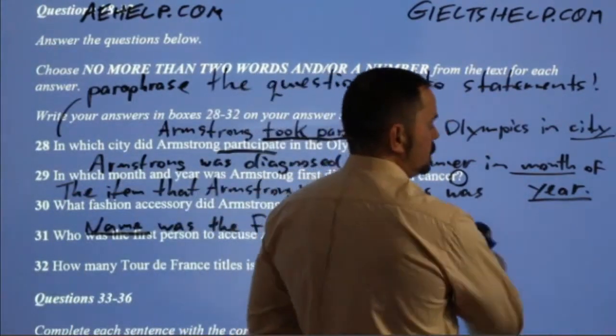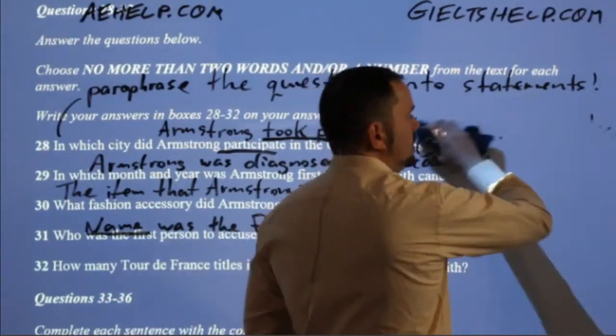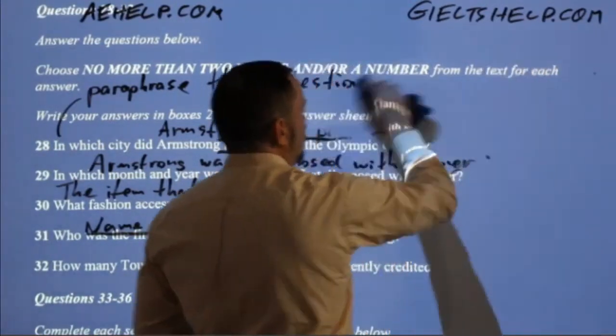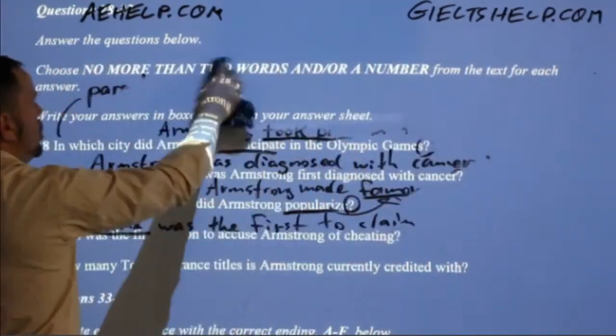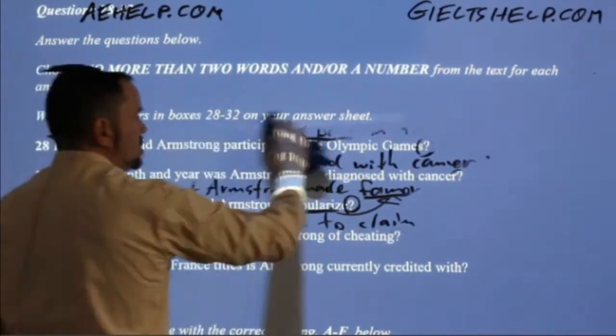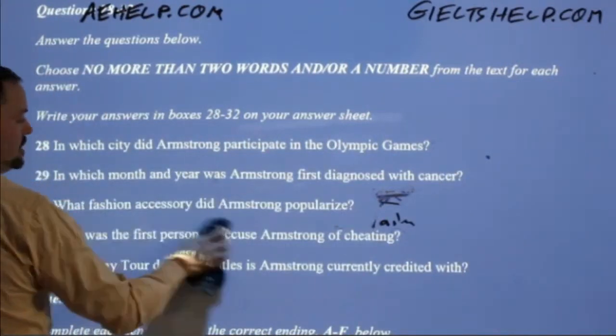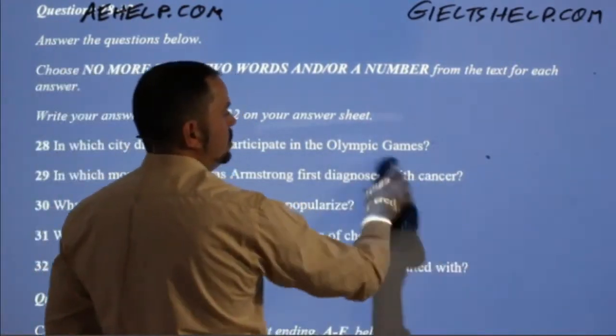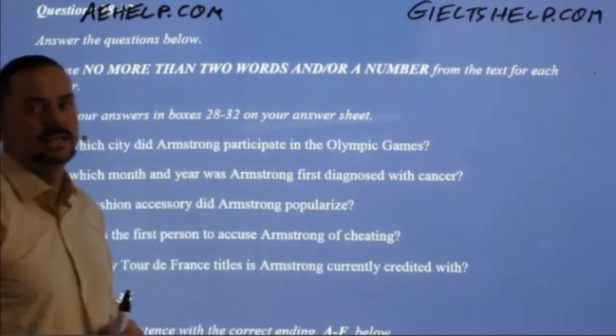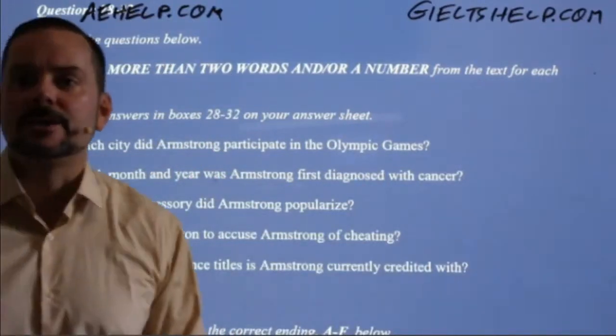Of course, during the official IELTS, you don't have time to write all this down. So all you need to do is just do this paraphrasing and changing questions into statements in your mind. Okay, so in your mind.